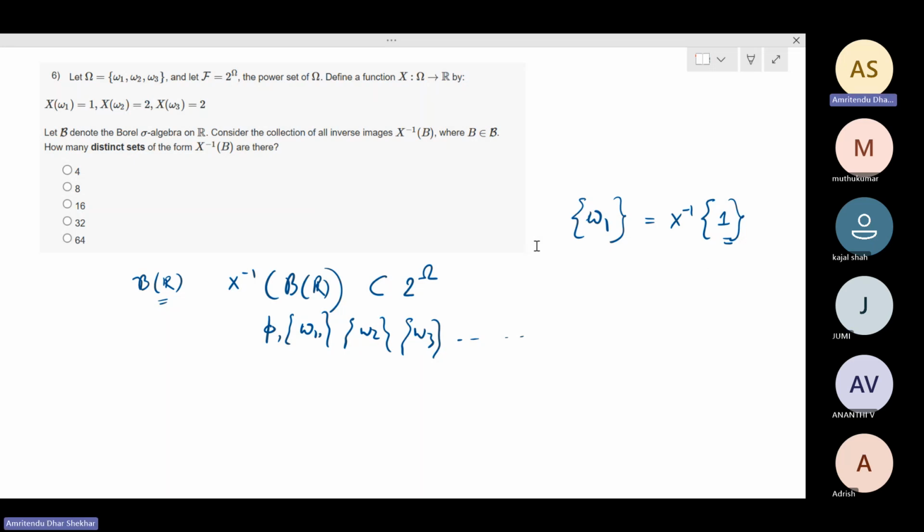If you don't understand Borel sets, I encourage you to look at the first session that we have, where we go through the course lectures of this course, which is given by the professor.